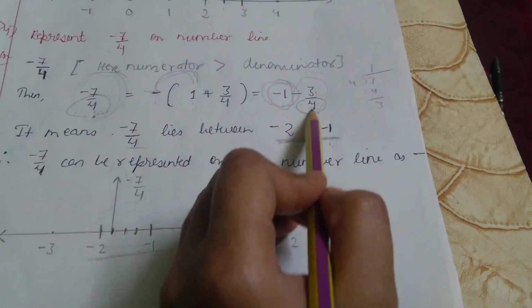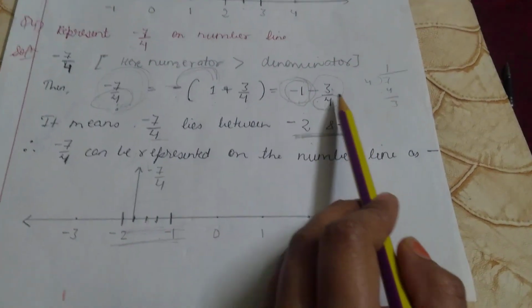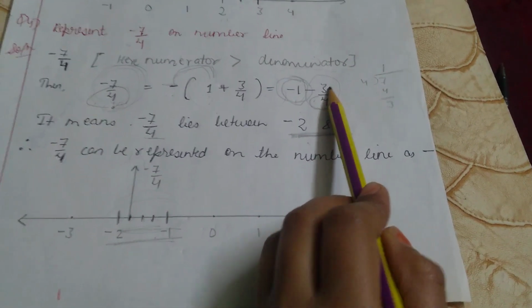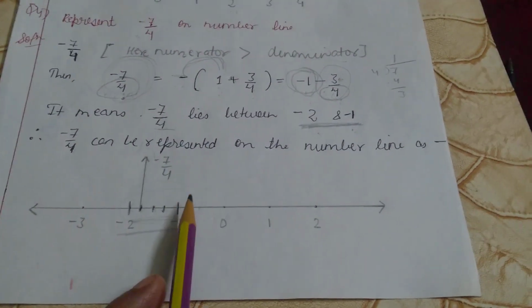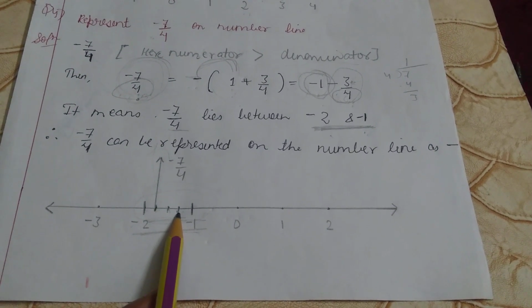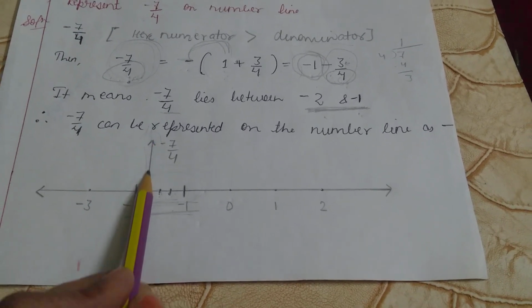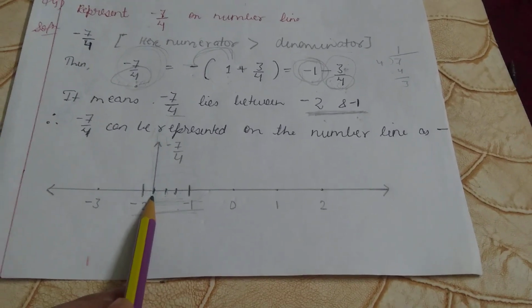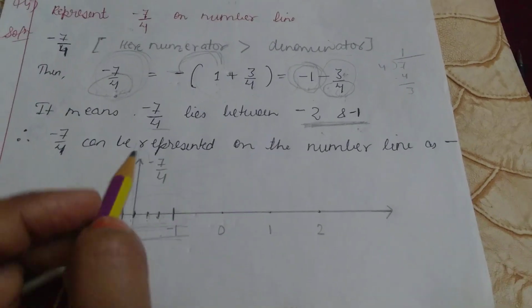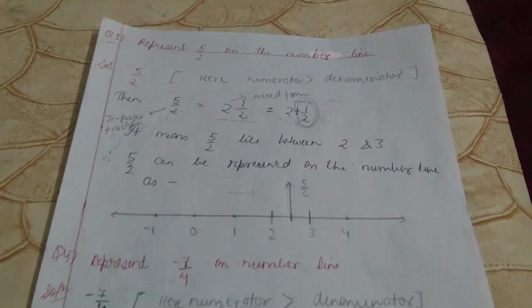Now we will see this is 4, so we will divide this interval into 4 equal parts, and here the numerator is 3, so we will count: 1, 2, 3. It means it is minus 7 by 4. Whenever a negative number is there, we will move like this. Whenever positive is there, we will move like this.